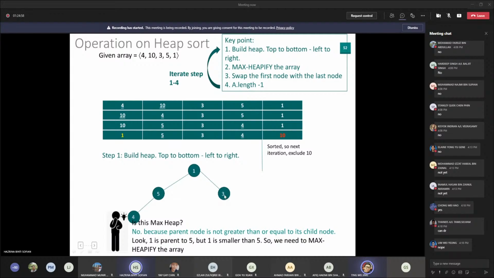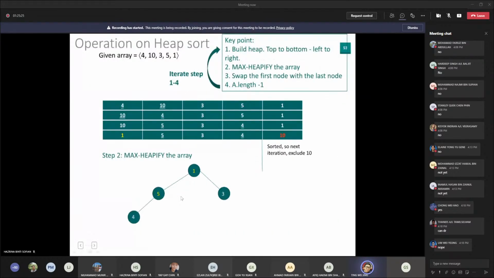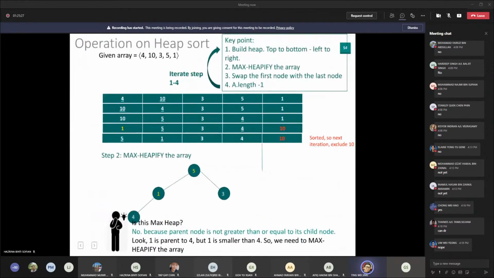All right, so heapify means that we try to compare the parent with the left child node and the right child node. So in this example, 1, 5, 3, the maximum value is 5. So the left child node is bigger than its parent node. So heapify means that we swap, exchange the value between the parent node and the left child node. All right, but we still don't stop there.